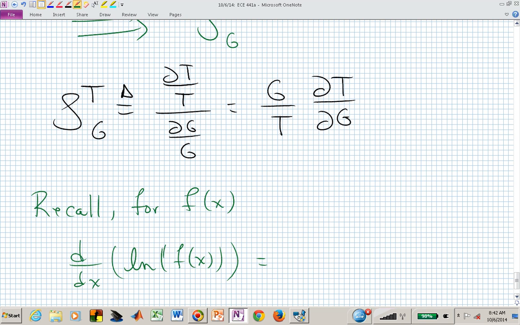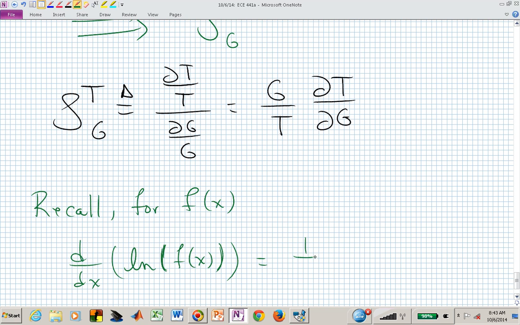Do you remember your calculus and derivatives? What happens when you differentiate the natural log of a function? Okay, the f of x goes downstairs, doesn't it?